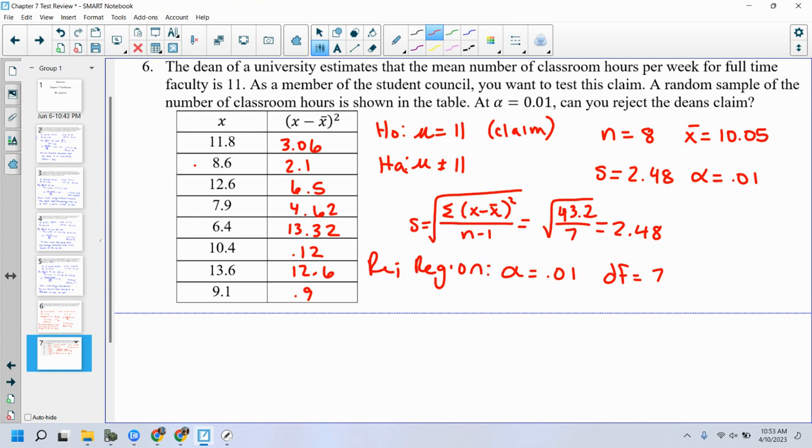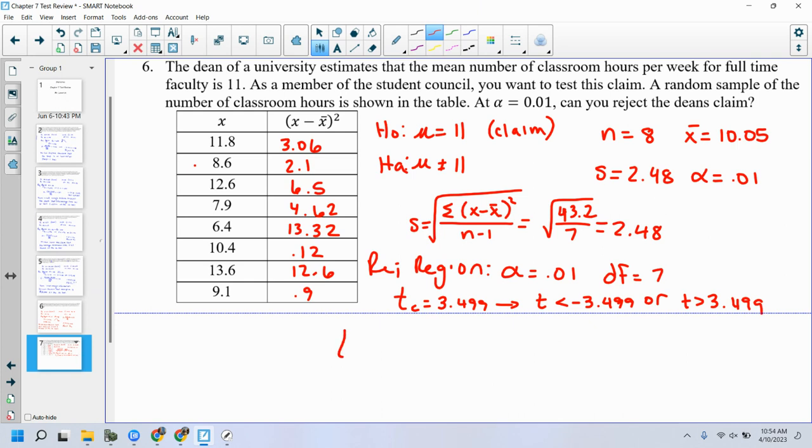Ooh, 3.499. TC is 3.499. So my rejection region is if T turns out less than negative 3.499 or T is greater than positive 3.499.